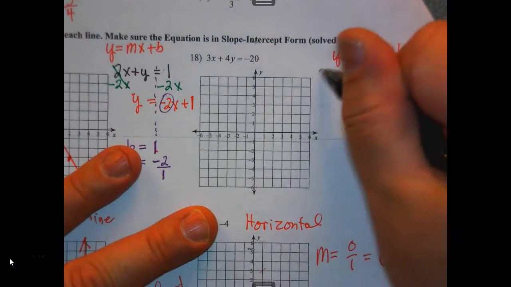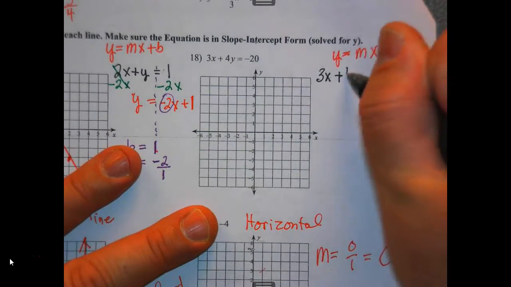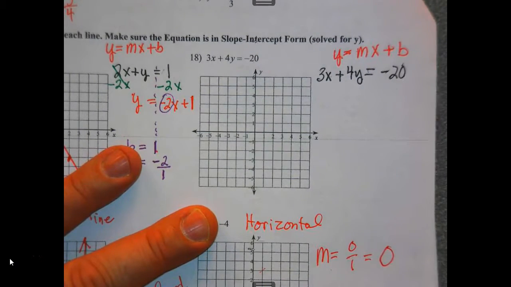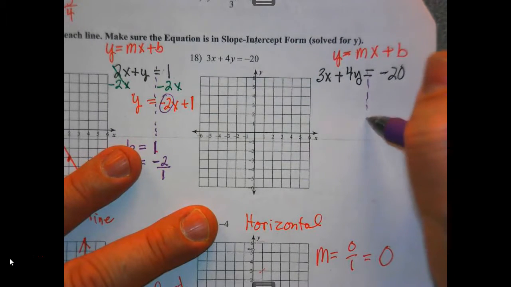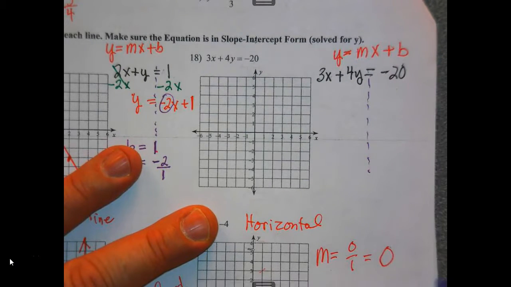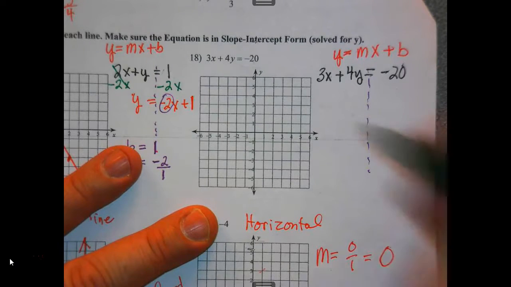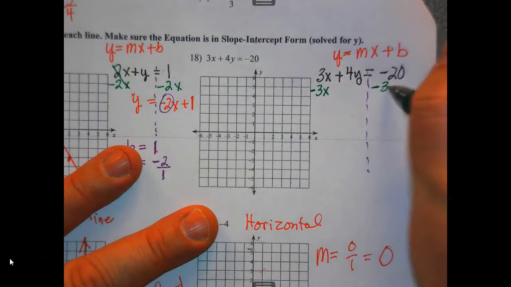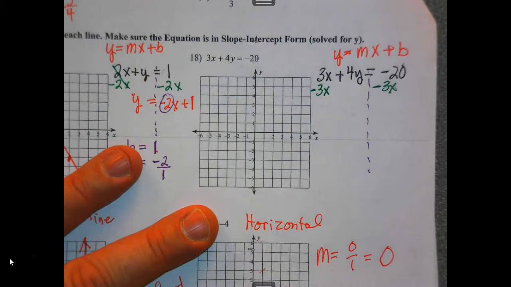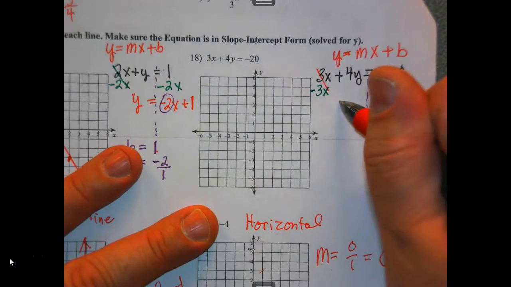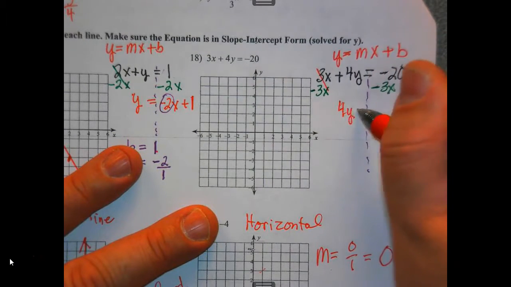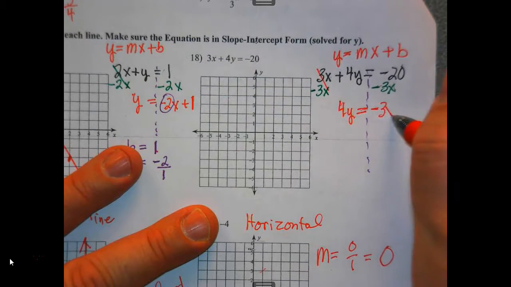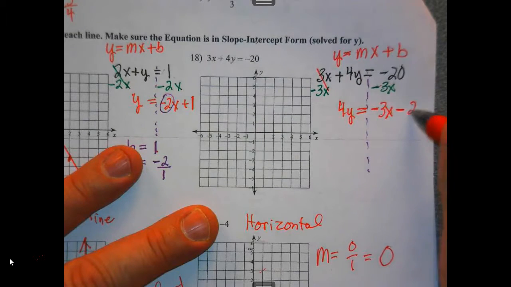I'll put it in y equals mx plus b form. So I have 3x plus 4y is negative 20. So I'm going to subtract 3x from both sides. Four y equals negative 3x minus 20.